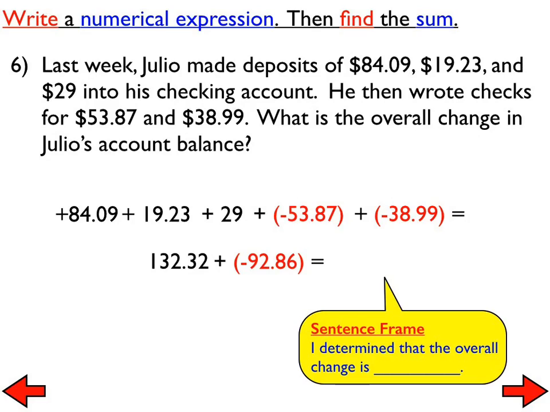Obviously, we have more positives than we do negatives. In fact, we have $39.46 more. So I determined that the overall change is $39.46. How many of you got that right? Raise your hand. All right, that's pretty good.